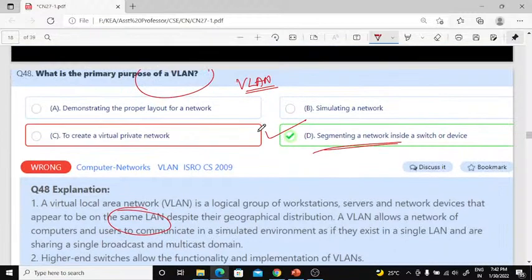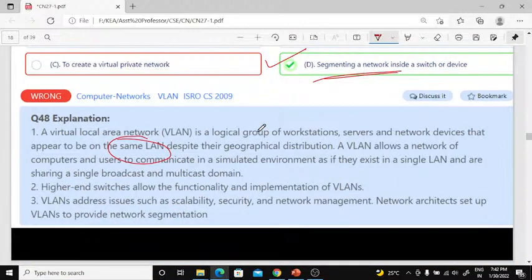That is the main purpose of a VLAN. Higher-end switches allow the functionality and implementation of VLANs. VLANs address issues such as scalability, security, network management, and network architecture setup.